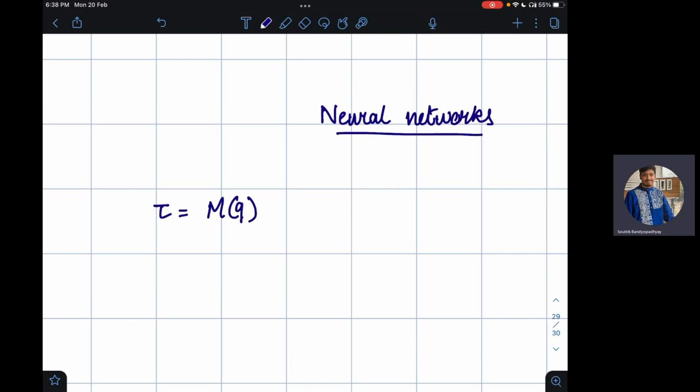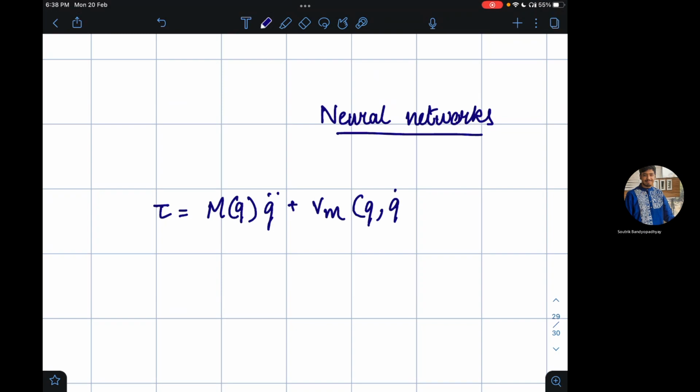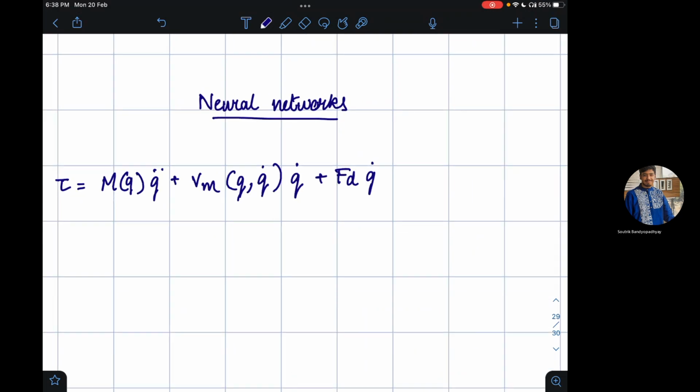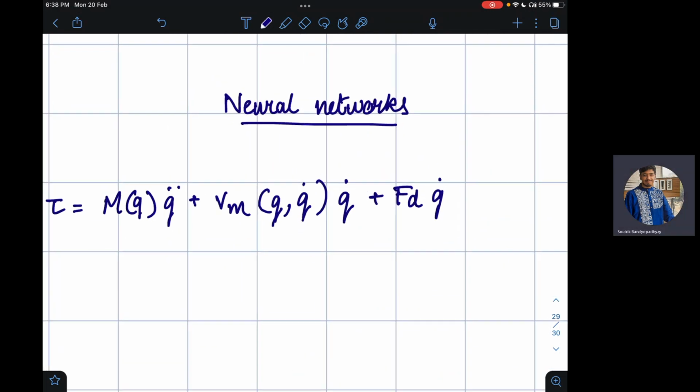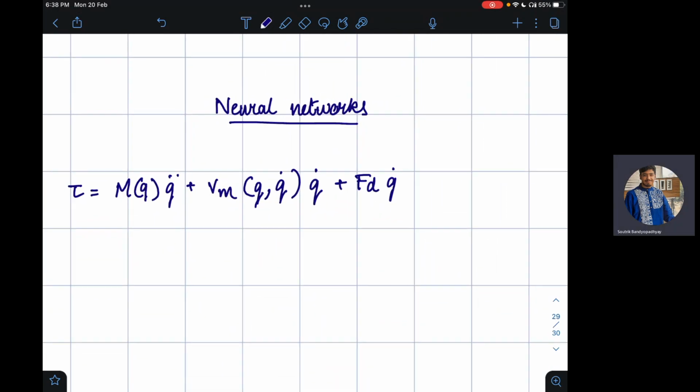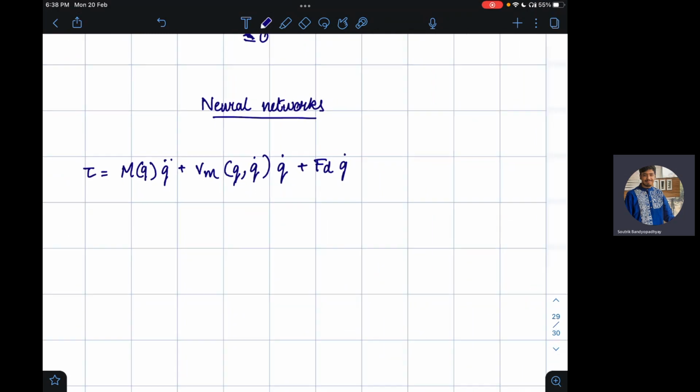So you had this kind of structure, right? So this kind of structure is called the Euler-Lagrange dynamics, right?